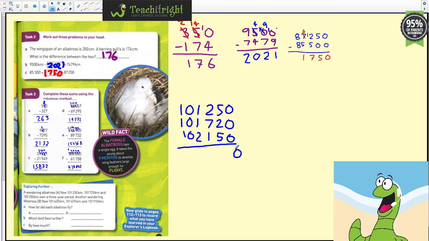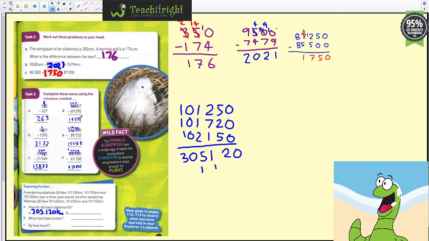So we've got 0, 5 plus 5 plus 2 is 12, 2 plus 7 is 9, plus 1 is 10, plus another 1 is 11. We've then got 1, 2, 3, 4, 5, 0, and 3. So the first albatross flew 305,120 kilometers. Again, do include the units in your answer. So kilometers. I had to just squeeze that in there.